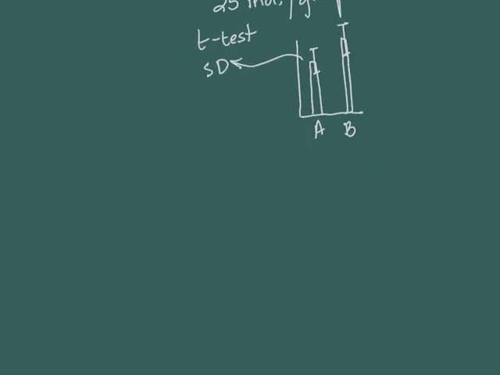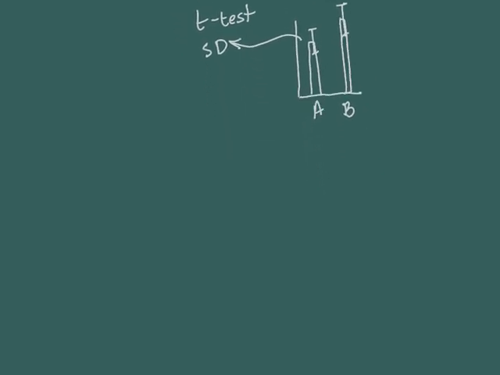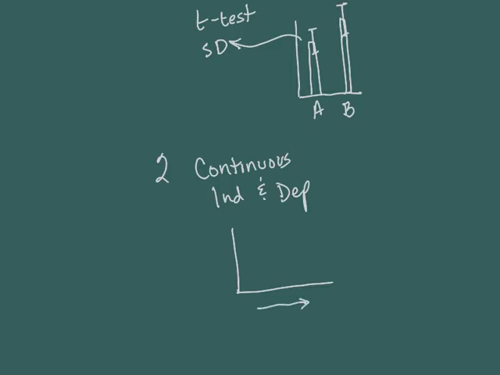Okay, second type that we could be looking at is where your independent and dependent variables are both continuous. So when you go to graph it, this is continuous along your x-axis, this is continuous along your y, and maybe you get something that looks like this.